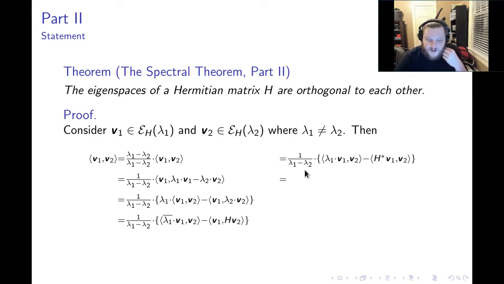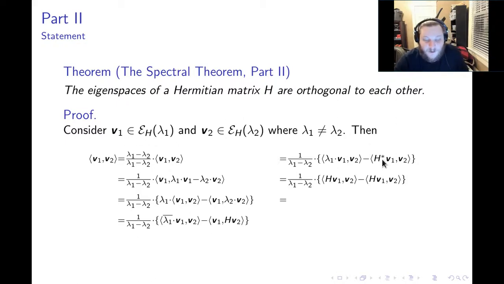Also, in the second term, where I have the inner product of v1 with H times v2, the adjoint formula says I can move H to the left-hand side of that inner product as long as I take the conjugate transpose. Now there's even more simplification. For one, I know that lambda 1 times v1 is H times v1 because lambda 1 is an eigenvalue of H and v1 is a corresponding eigenvector.